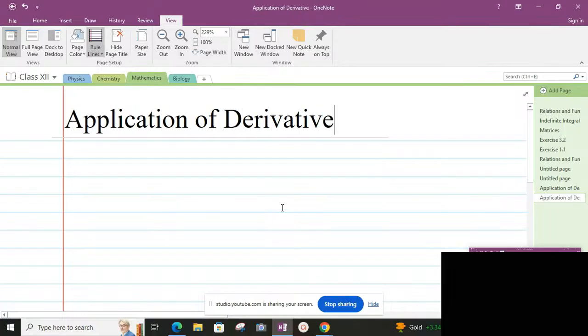Today we shall solve the questions of exercise 6.1. This is in the chapter of application of derivative.